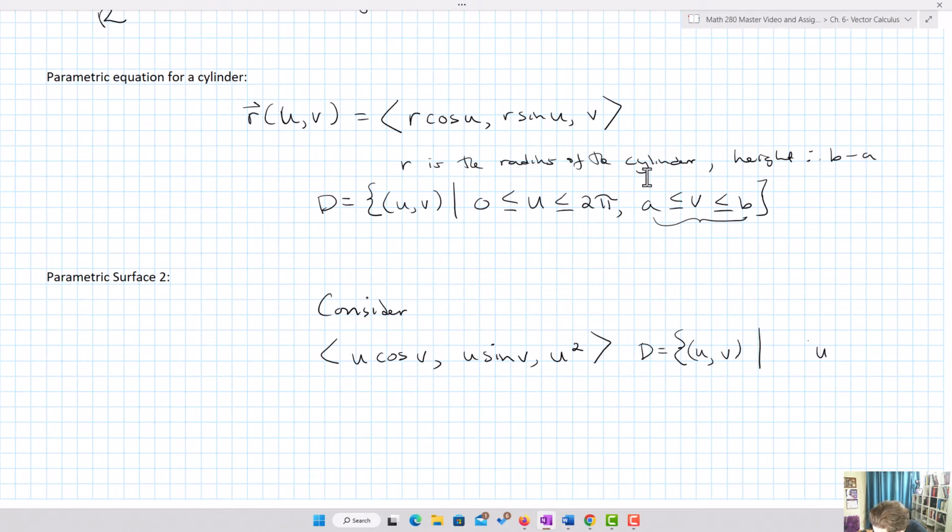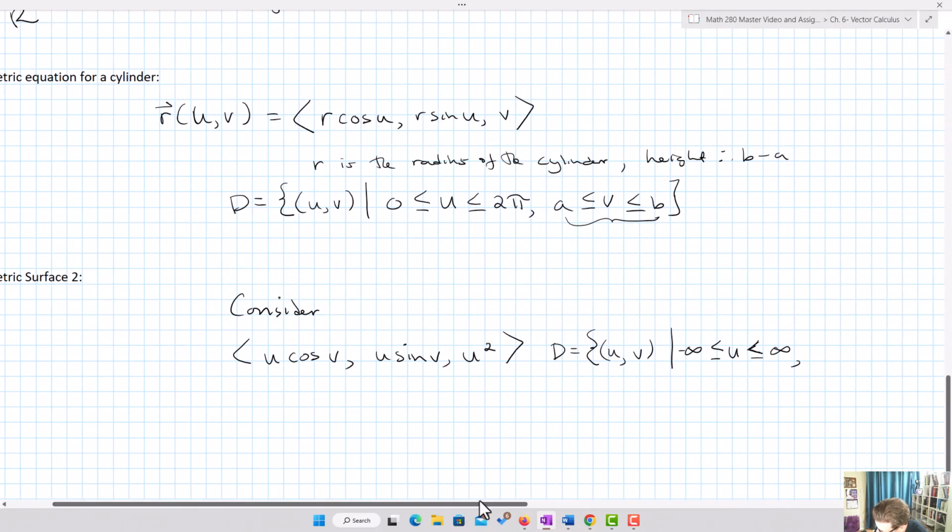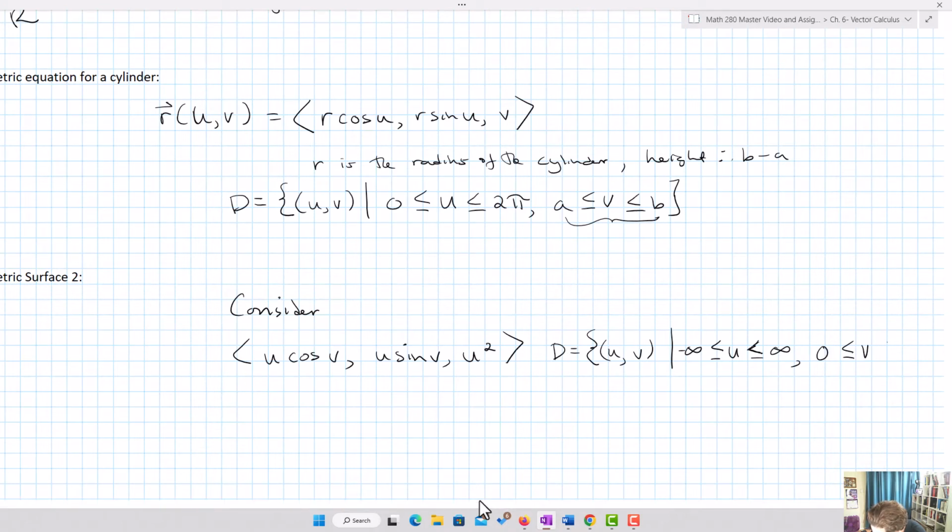We're going to let u be greater than or equal to negative infinity and less than or equal to infinity. And then our v, notice that v is going to be the thing that we put into the trigonometric functions. So v is going to be greater than or equal to 0 and less than or equal to 2 pi.